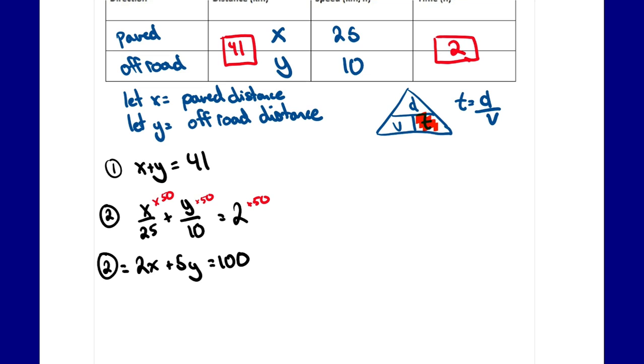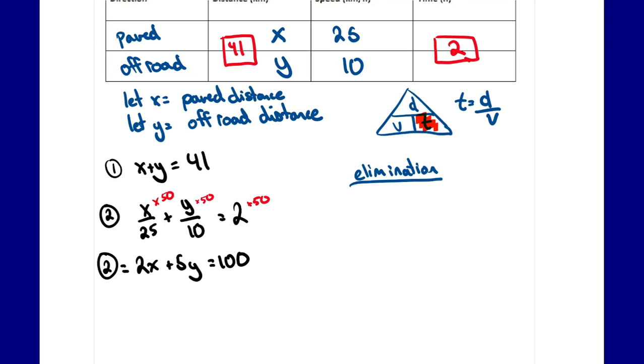The coefficients in front of equation 1 are both 1, so that makes it really easy to multiply them to get to a specific value. It also makes it really easy to rearrange. So I could either do elimination or substitution. I feel like most people might like elimination, so I'm going to solve this one by elimination for you. Again, if you choose substitution, that's fine. You should get the same answer either way.